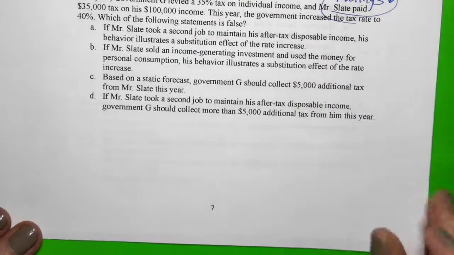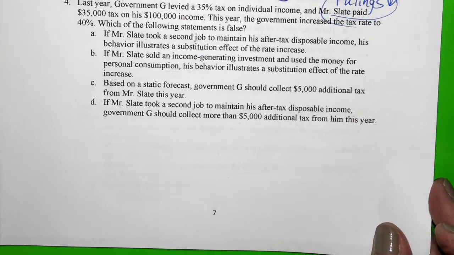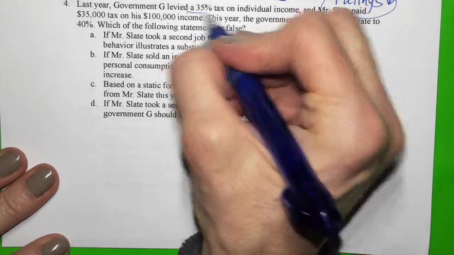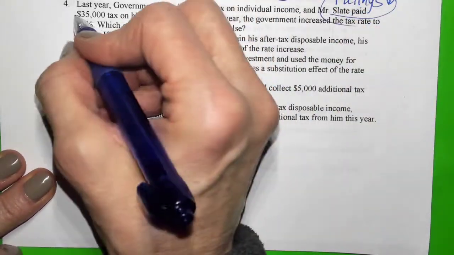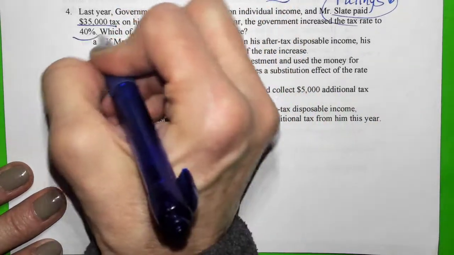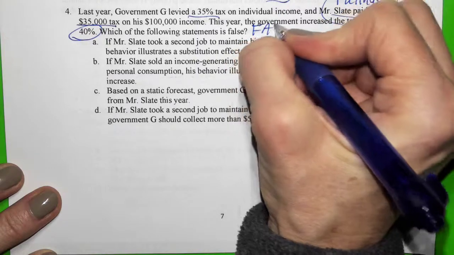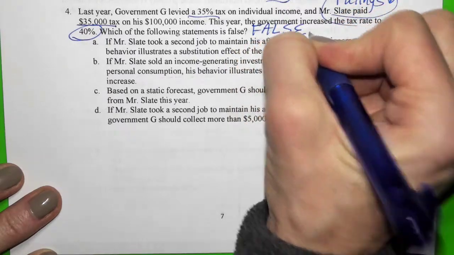Okay, with problem 4, it's a 35% tax on his $100,000, and now the tax rate has gone up, and the question is asking what is false.